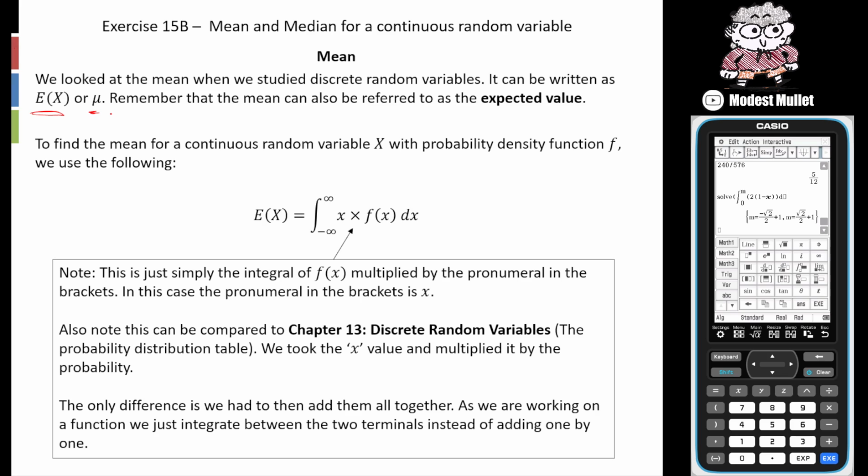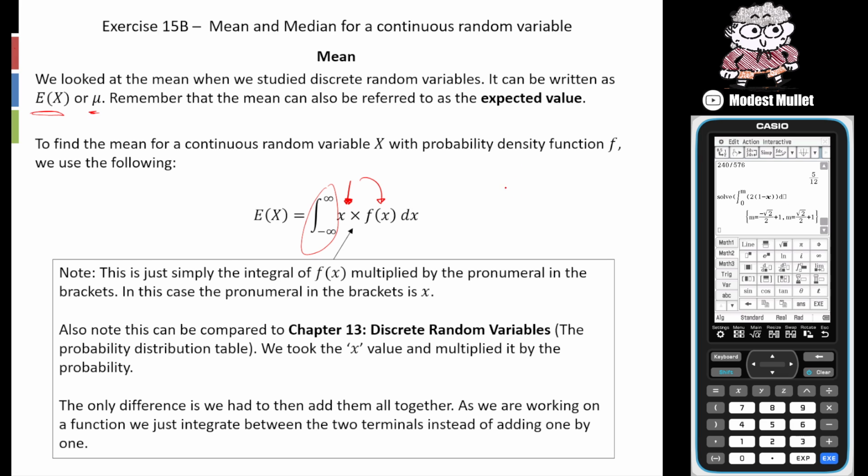Just like with discrete random variables, the expected value is just the value of x multiplied by f of x, and in this case, because we're finding probabilities of a continuous random variable, we have to do that over the spread of all values.